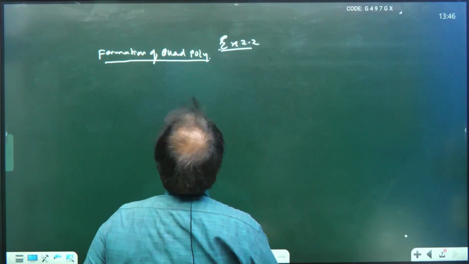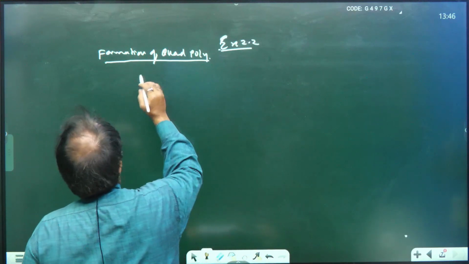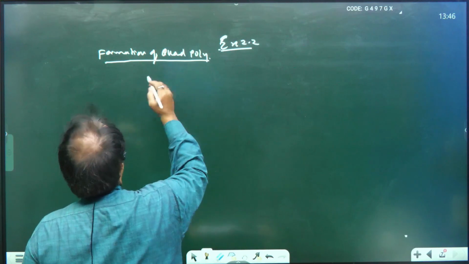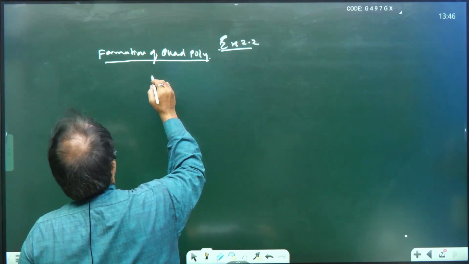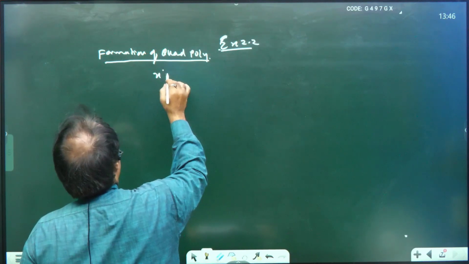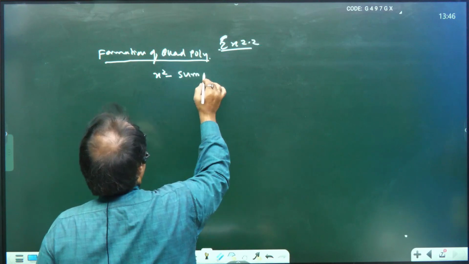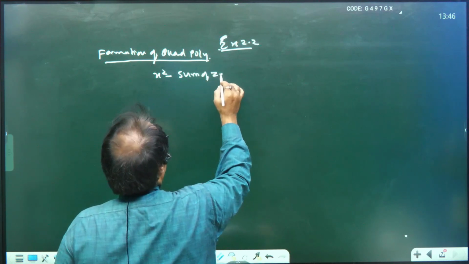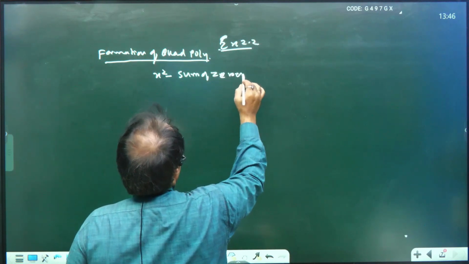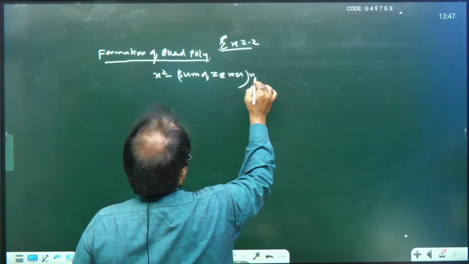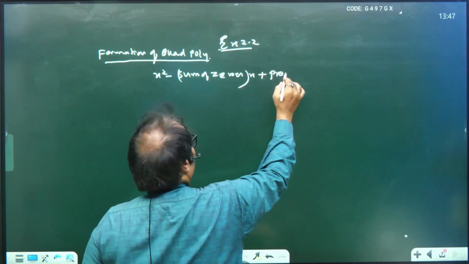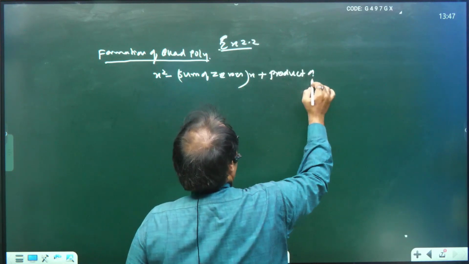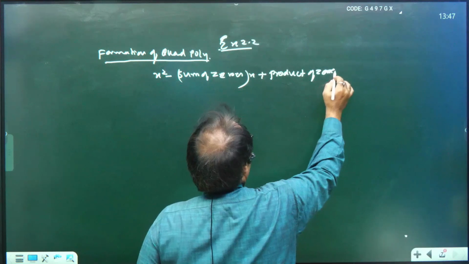The first method: the quadratic polynomial is k times x square minus (sum of zeros) into x plus product of zeros.